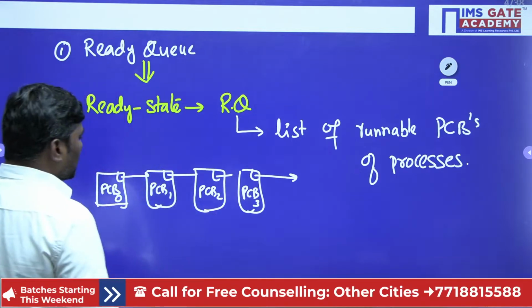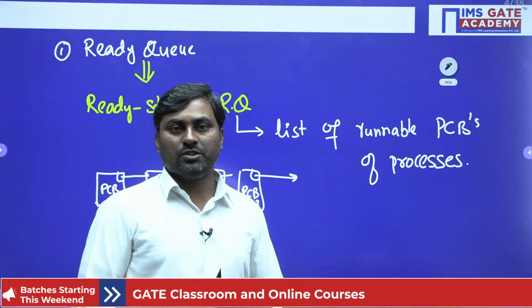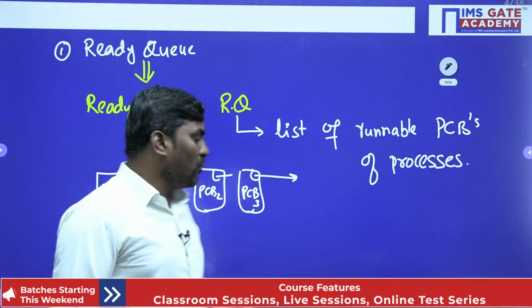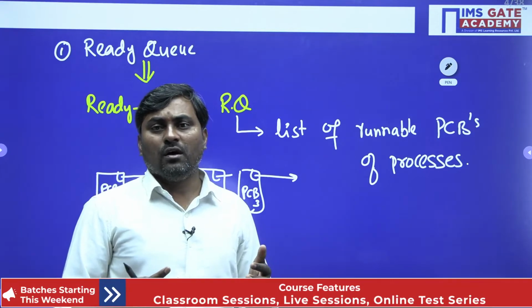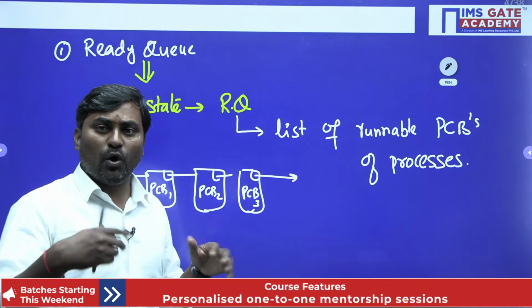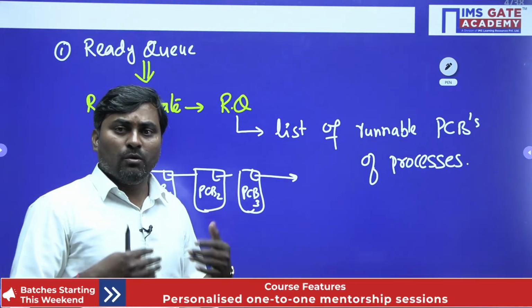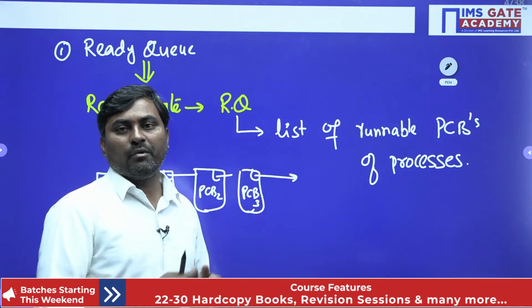I also mentioned that a PCB is a data structure having the attribute information of a process. One of the attributes is a link, like the state here. So the PCB has a pointer holding the address of the next PCB, and so we form a linked list.